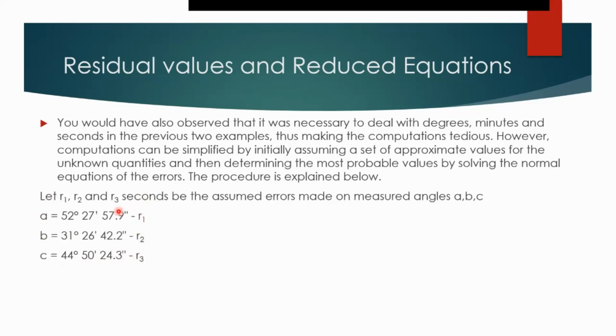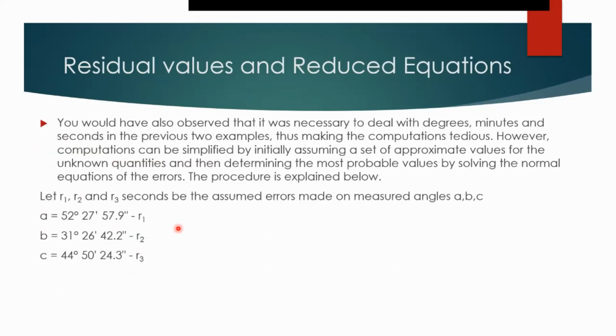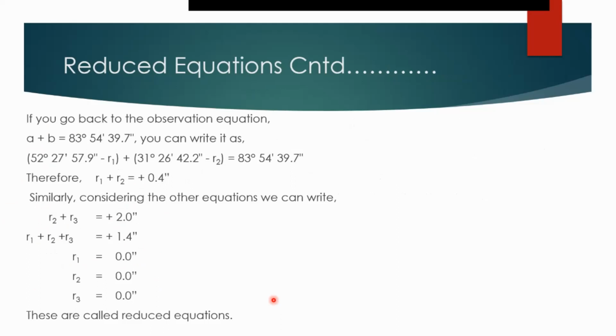These are the corrections. Let's assume that these are the corrections required to obtain the most probable values for A, B, C. Under such circumstances, you only have to substitute this value, which is A equals this minus R1, into this equation, right?